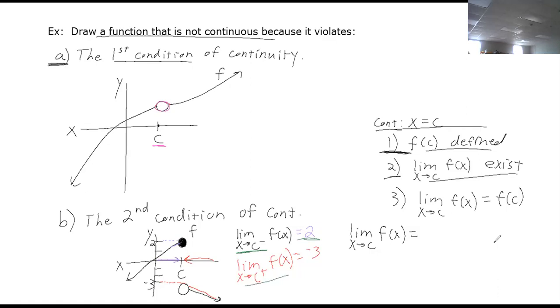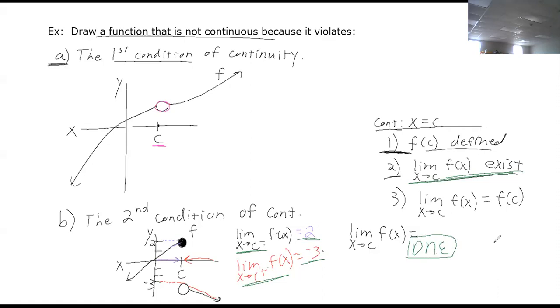What is your right-hand limit approaching? -3. Are those the same number? No. So I'm going to say the limit as x approaches c of f of x does not exist. Therefore, this function violates the second condition of continuity.